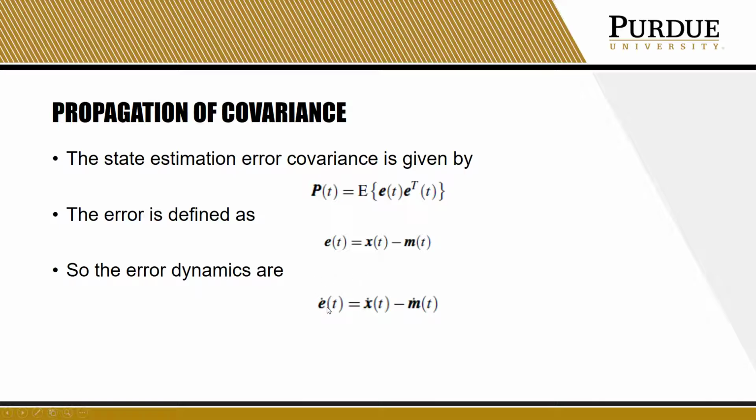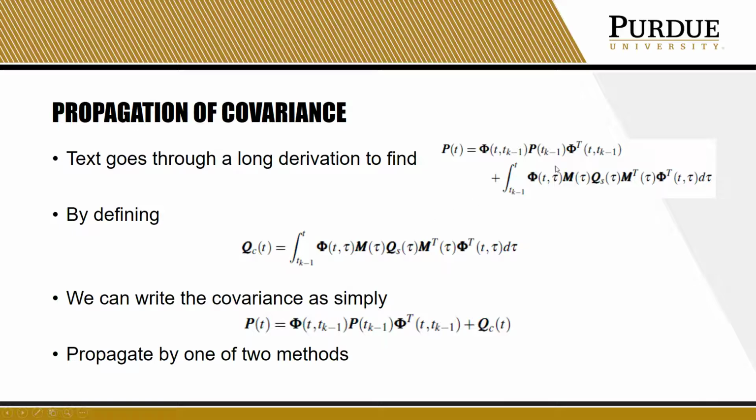And then we continued on with a fairly lengthy derivation to arrive at the covariance matrix being equal to the state transition phi times P times phi transposed plus the integral from the time t_{k-1} to the current time of the transition matrix times the mapping matrix times the Q_S power spectral density times the mapping transpose times the transition transposed.